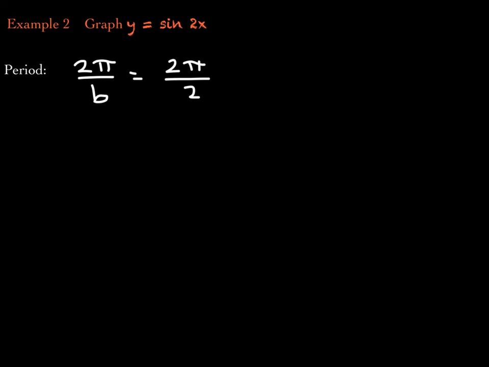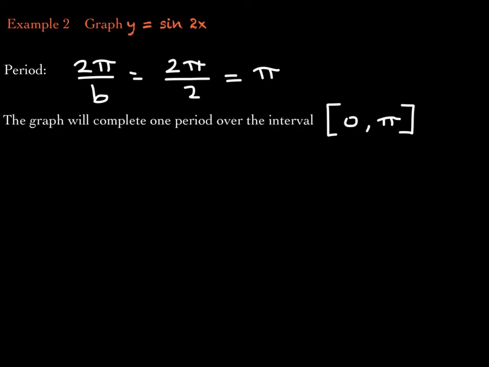So you can see that the period, therefore, is pi. What this means is that the graph will complete one period over the interval from 0 to pi. Remember that for the most basic sine function, the period was 2 pi, so it completed one period from 0 to 2 pi. But now it's from 0 to pi.